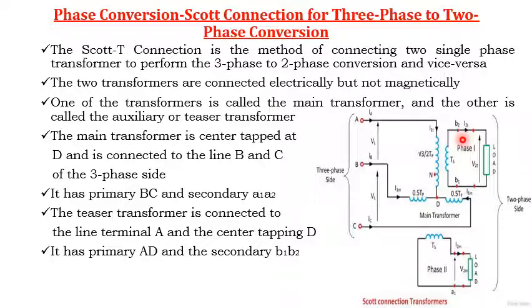B1, B2 is one phase, and A1, A2 is one more phase. B1, B2 is the secondary of the teaser transformer, and its terminal voltage is V2T. A1, A2 is the secondary of the main transformer, and its terminal voltage is V suffix 2M.